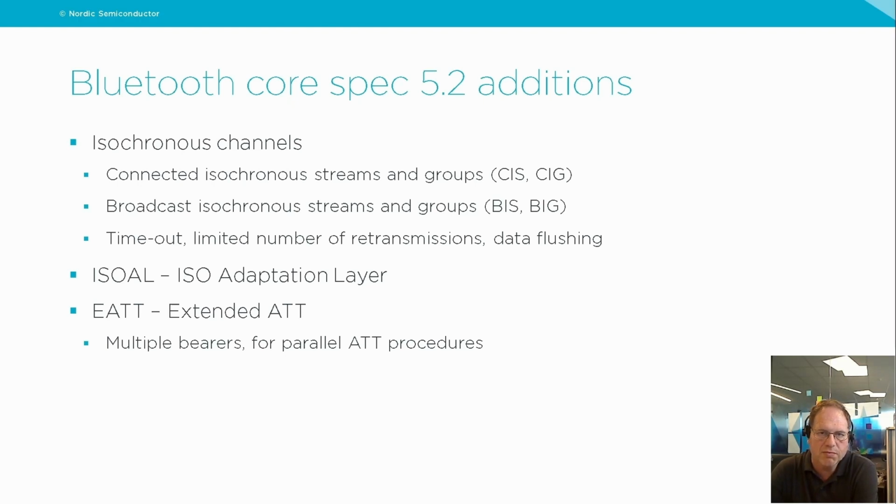In the 5.2 specification, we also got the ISO adaptation layer, which is basically segmentation and reassembly for ISO data, the ability to restructure data for transmission. And we got the extended ATT, which gives multiple ATT bearers, so that one can do parallel ATT procedures.